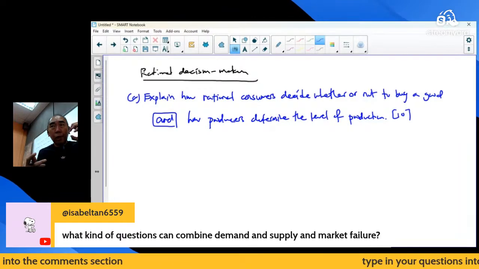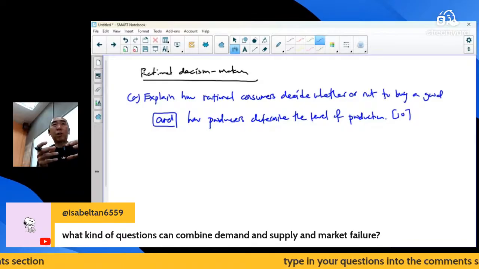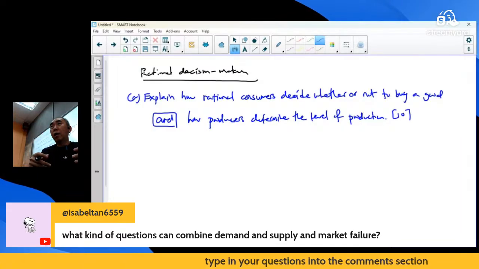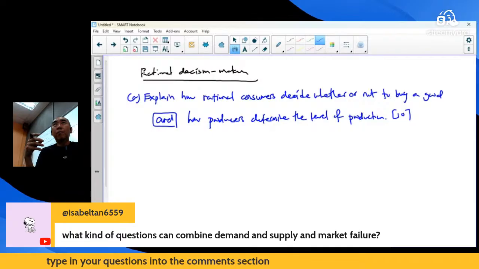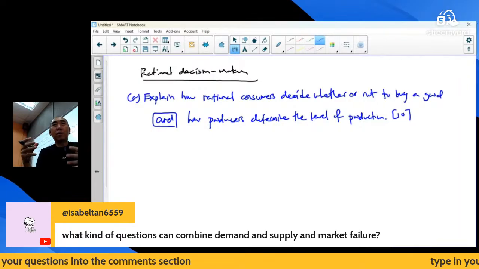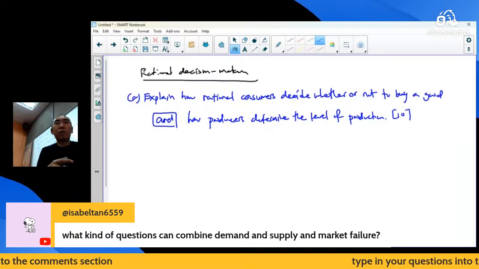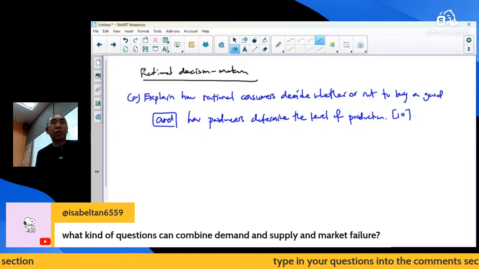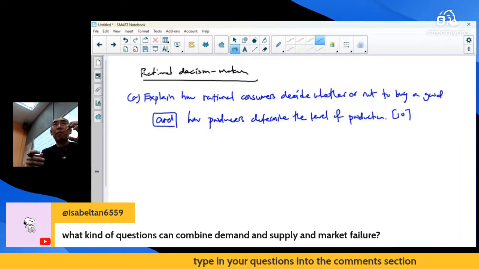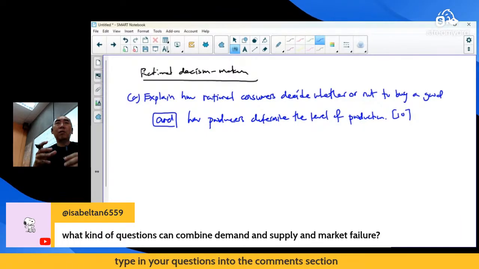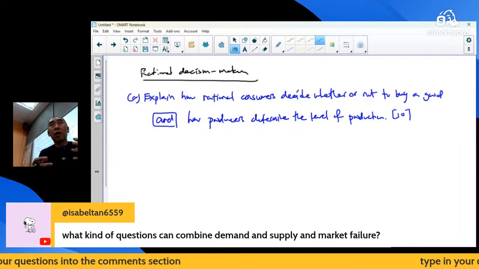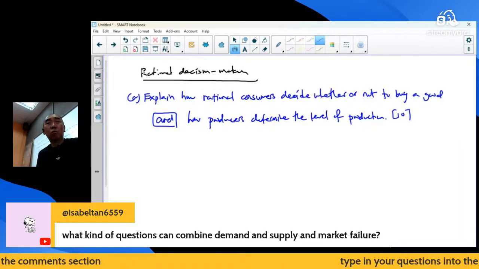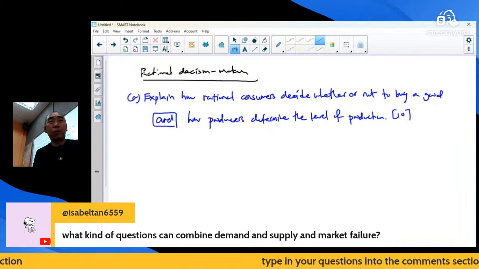Then part B of this question could ask you, does rational decision making by economic agents always result in an efficient allocation of resources? Then in part B, you can say how the presence of market failures such as externalities can cause rational decisions to lead to market failure or to inefficient outcomes, right?